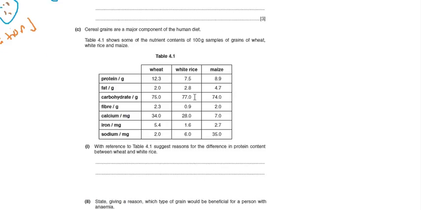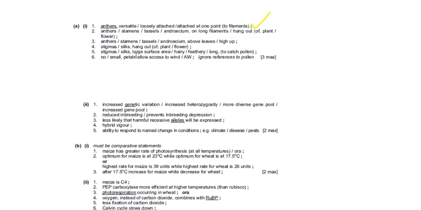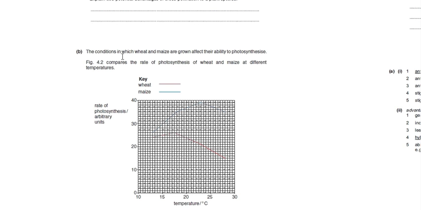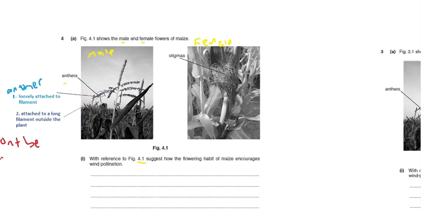Then we have anther, stamen high up above leaves. As we can see, the anthers are very high above leaves.